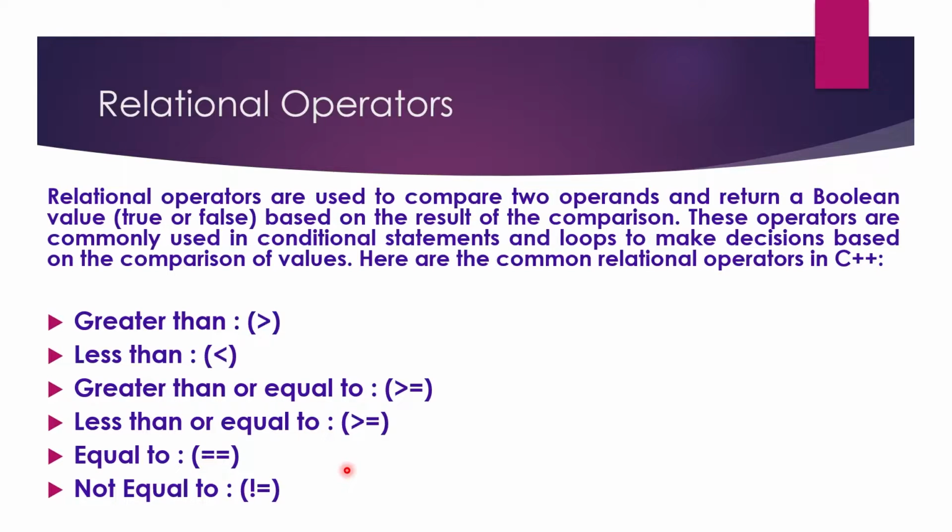It will find the relation between two operands, or you can simply say it will compare two values and give you a result. The result will always be boolean, guys, please remember that. It will be either true or false.